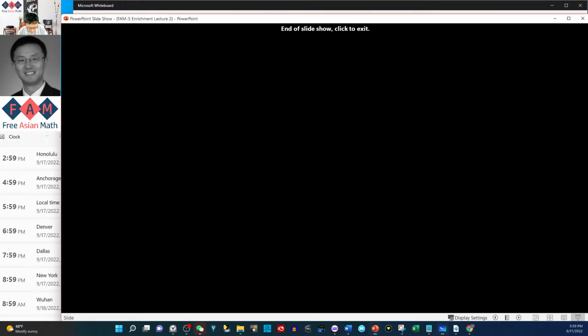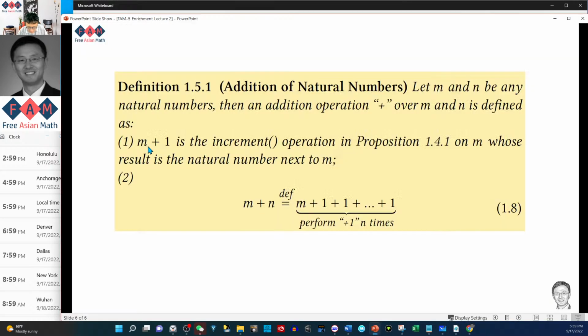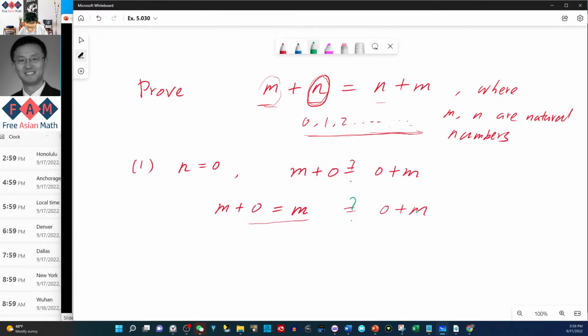Well, 0 plus m is simply from 0, we do m times of counting, right? By this definition, 0 plus m is performing the counting increment m times. So therefore, in this case, 0 plus m is once again equal to m. This is once again by definition of our addition.